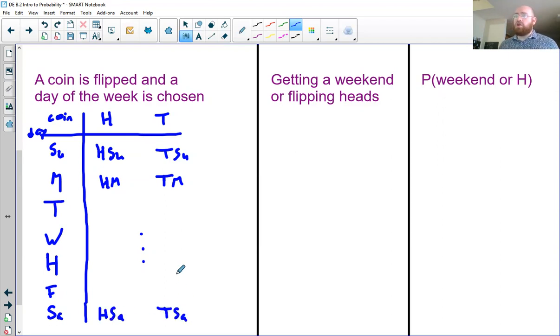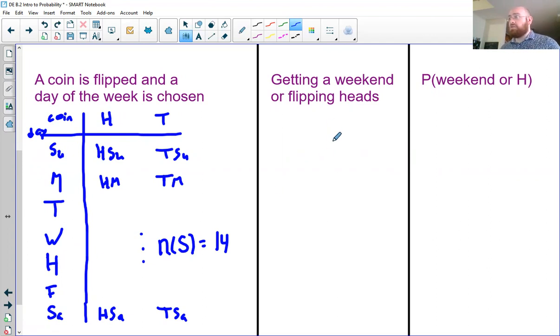So once again, we're just filling in enough to establish the whole pattern. Additionally, we can see that the size of our sample space is going to be 14. This is actually a result of the fundamental counting principle. Flipping a coin, picking a day of the week are independent. And so we have 2 options and 7 options. So we multiply the number of options together, we get 14.